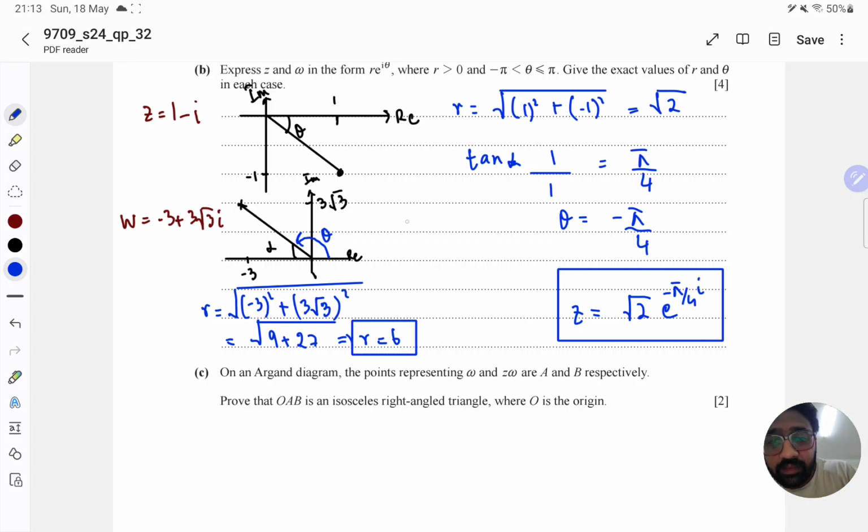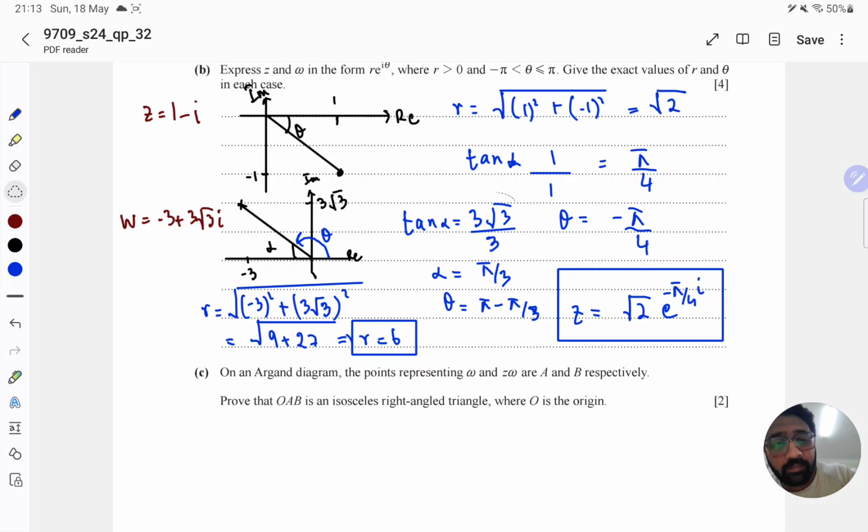Now we need to find out theta. For theta, we'll find out the basic angle. The basic angle would be 3 square root of 3 divided by 3. So for 3 and 3 square root of 3, the basic angle will be pi by 3. So the theta will be pi minus pi by 3.